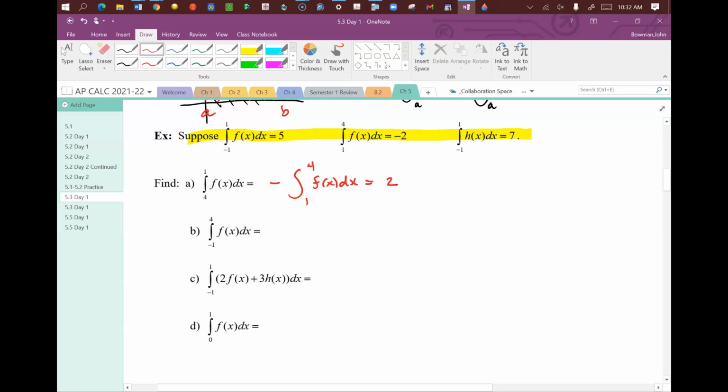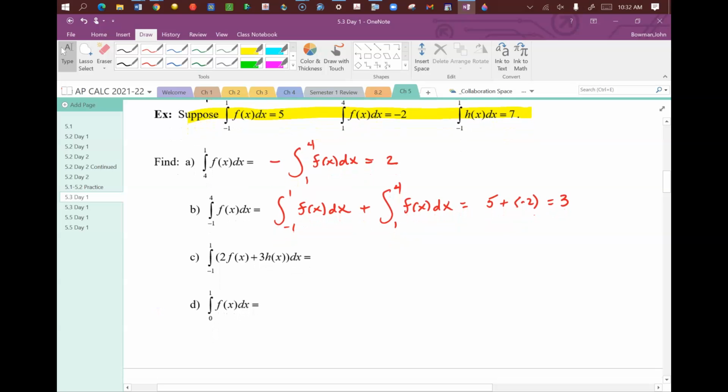The integral from -1 to +4 of f of x dx, well, I can see that that could be made up of the integral from -1 to 1 of f of x dx plus the integral from 1 to 4 of f of x dx, or 5 plus -2, which is 3.